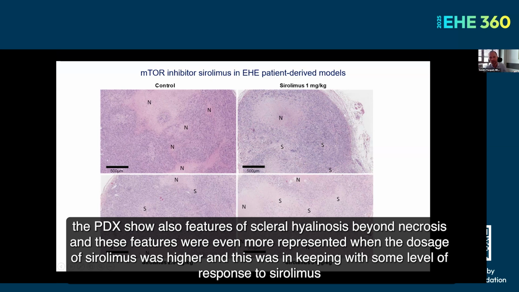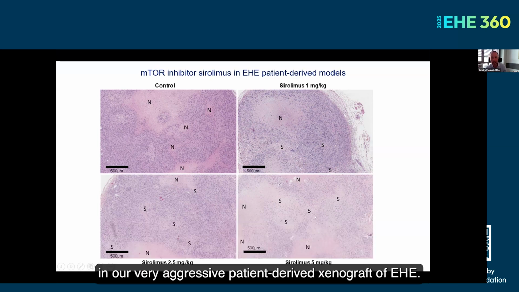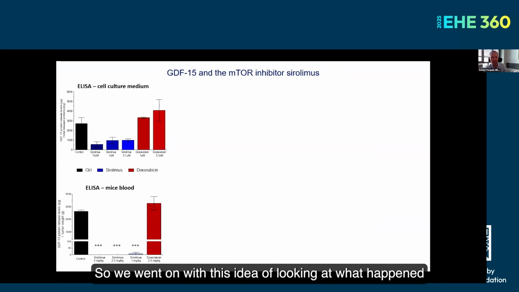This was in keeping with some level of response to sirolimus in our very aggressive patient-derived xenograft of EHE.